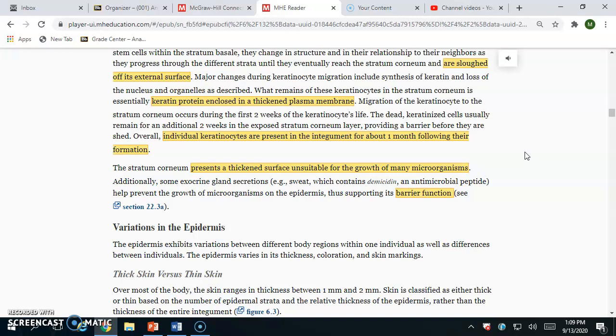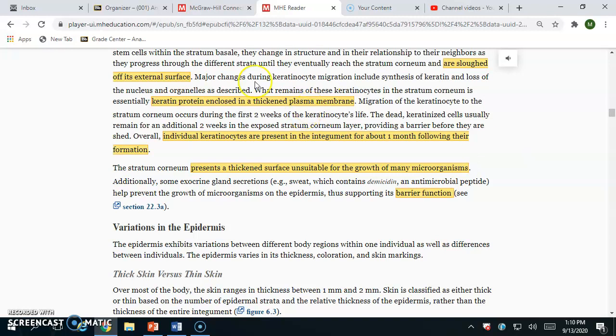There are other cells, like our neurons, part of our nervous system, that can live as long as we live. They could be 95 years old. They have a very long lifespan. But red blood cells might live just 3 to 4 months. So it depends on the cell how long their lifespan is going to be. These guys stay in the skin about 1 month.